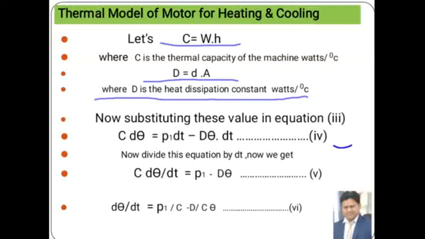That is our fourth equation. Now dividing this equation by dt, we get C dθ/dt equals P1 minus capital D θ, and this can be rewritten as dθ/dt equals P1 divided by C minus capital D divided by C θ.